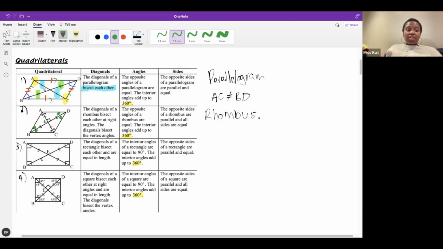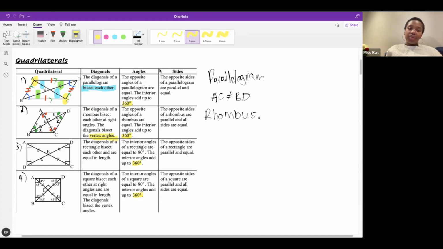B1 is equal to B2 and D1 is equal to D2. In the same way, A1 is equal to A2 and C1 is equal to C2. So that's about the diagonals. They bisect each other and the angles at the corners.